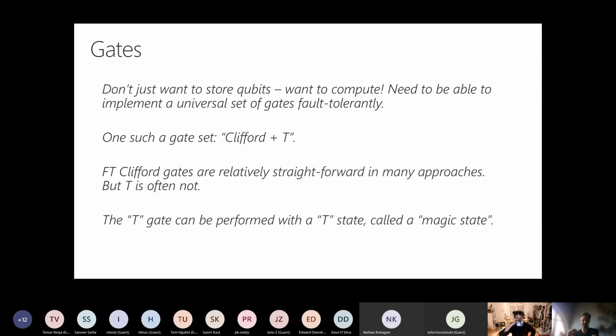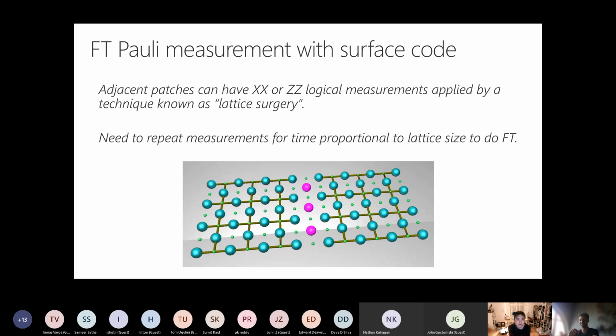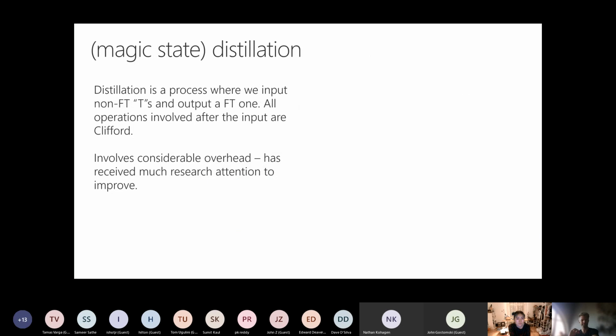In the surface code, for example, the Clifford gates tend to be quite direct to implement, but the non-Clifford gates can be very costly, and you actually use something called magic state distillation to do that, which I'm not going to go into in detail. I'm going to skip the details of this part so that we have some time for questions, if there are any.